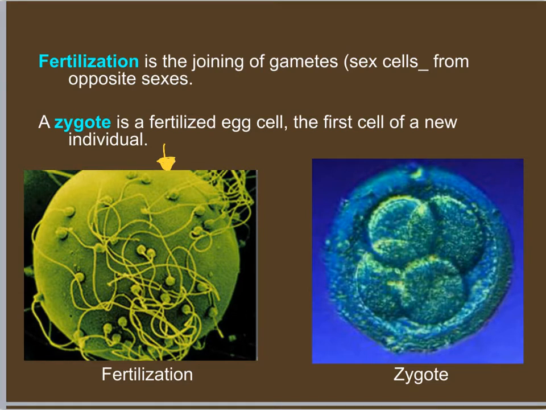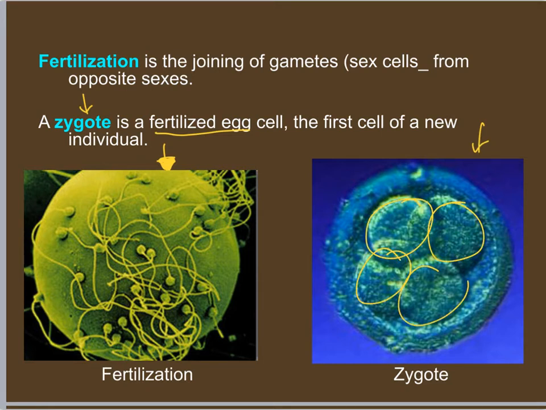Then the DNA of the sperm will combine with the DNA of the egg. Once that happens, it's called a fertilized egg or a zygote. Those are important vocab terms, fertilization and zygote. So here you have a zygote. If you can see, you can count 4 cells.